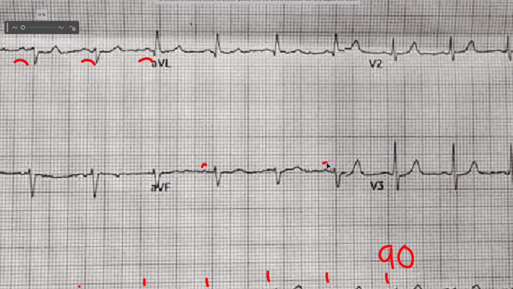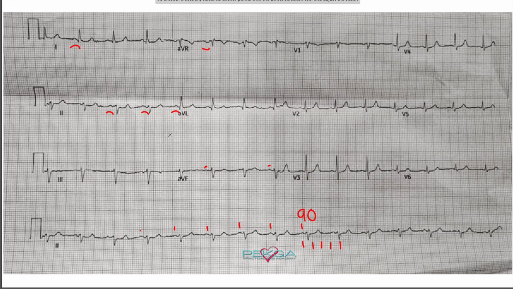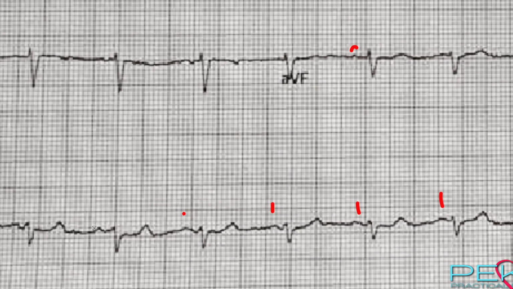So yes, for me, this is a sinoatrial node that is governing this rhythm. The next thing I want to take a look at is the PR interval. So PR interval seems to be normal, right? If it was not normal, you would expect it to be larger than this box. The PR interval is normal.